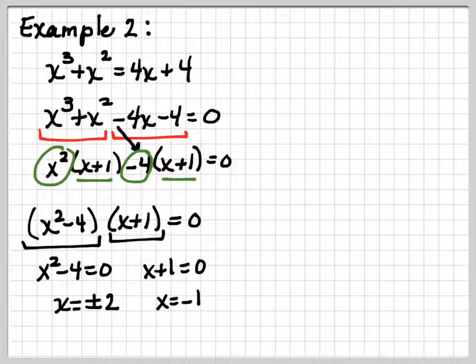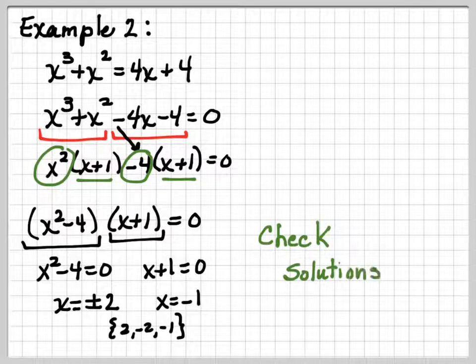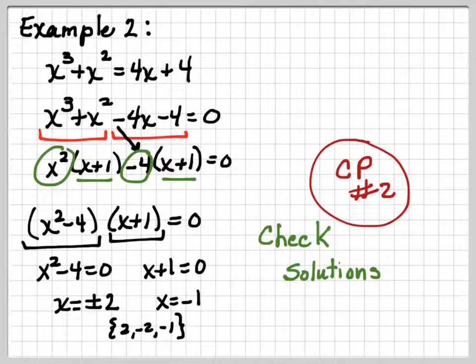So those are my three possible answers. And once again, I need to plug them back in to see if they work. Check your solutions. They do in this case, so we're not going to spend time doing that. I leave that up to you, so go ahead and do checkpoint 2.